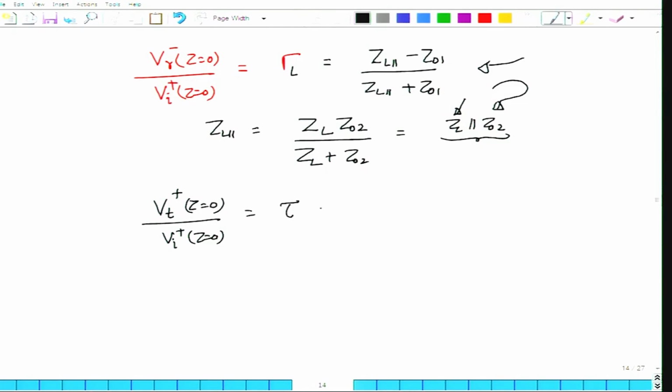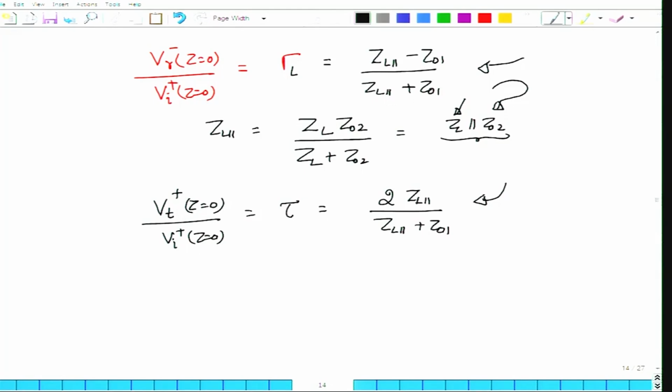I pick tau; some people pick a different symbol. So, in my language tau represents the transmission coefficient, and this value is given by 2 ZL parallel divided by ZL parallel plus Z01. You can show this by some algebra, by solving the previous equations.